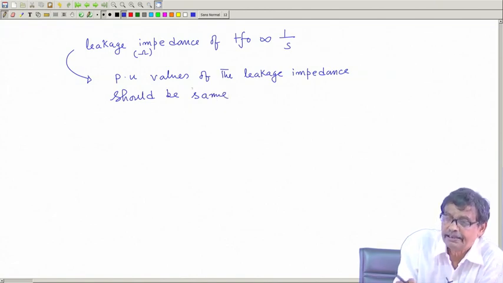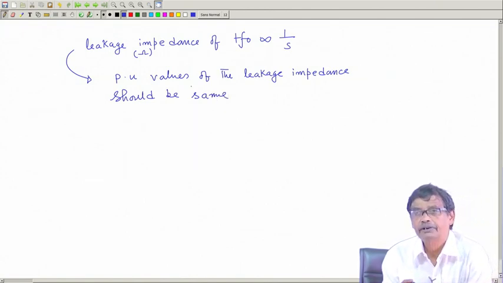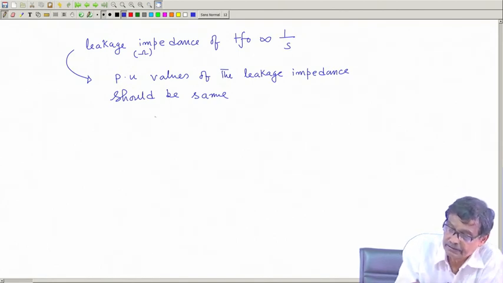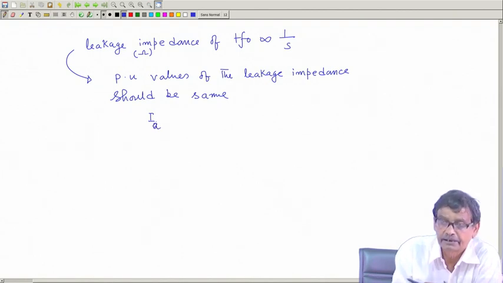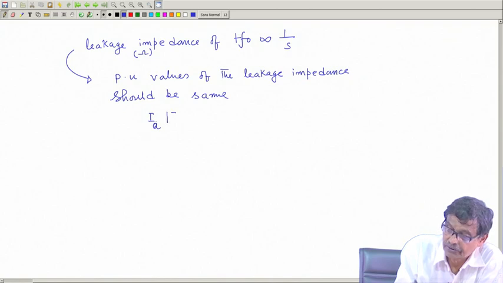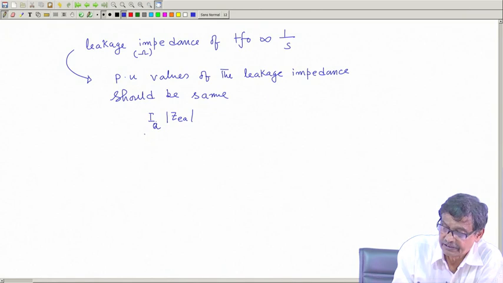This is one and the same thing, because you know the per unit value of impedance for transformer A will be I_A rated current into magnitude of jX_A with respect to the rated voltage of that side.